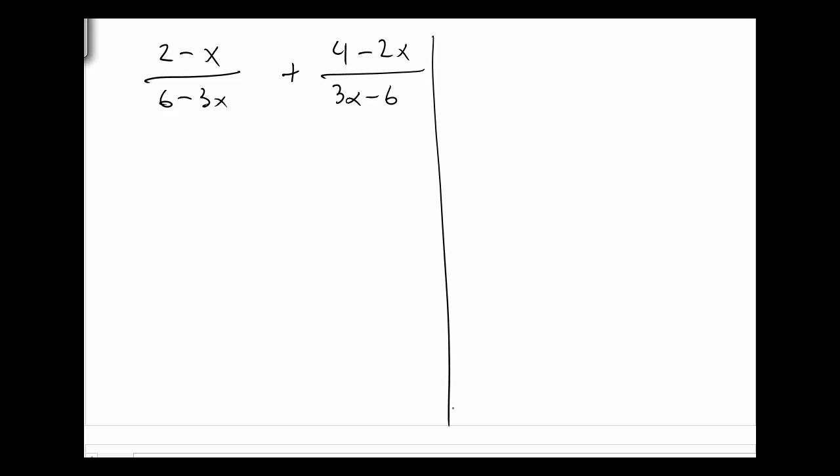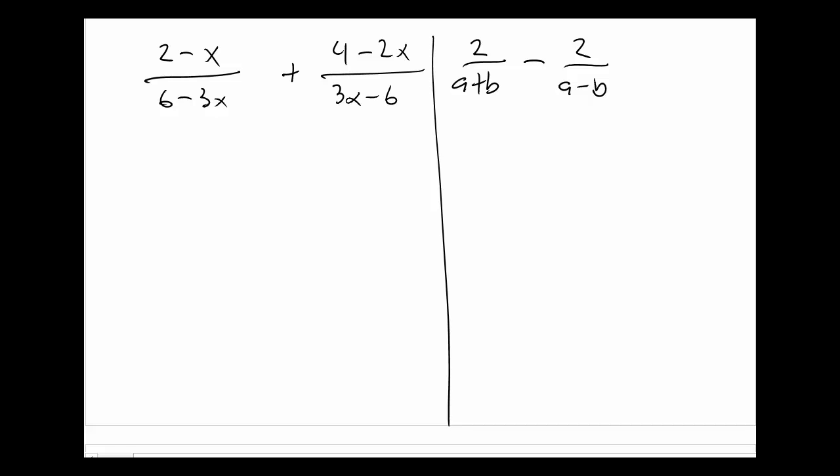We'll do that one for a practice problem, and then we'll do 2 over a plus b minus 2 over a minus b to illustrate that. Okay, so I'm going to ask you to pause this for a brief moment. Try it on your own first, and see if you can get it. And when you're ready, go ahead and start the video up again.